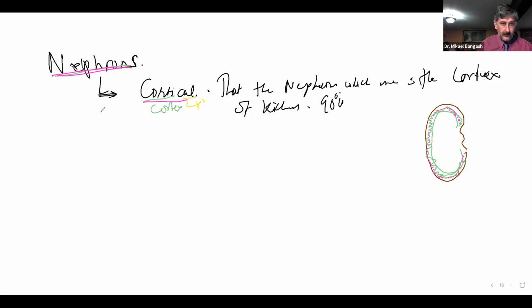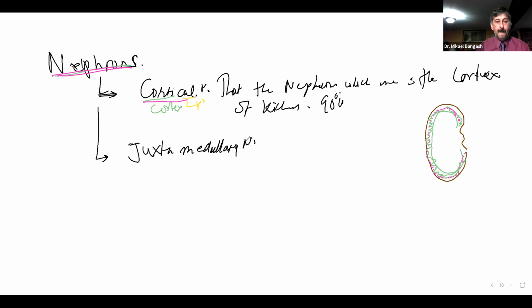Which brings us to the other kind of nephrons, which are what we'll call juxtamedullary nephrons. Now, what's a juxtamedullary nephron?